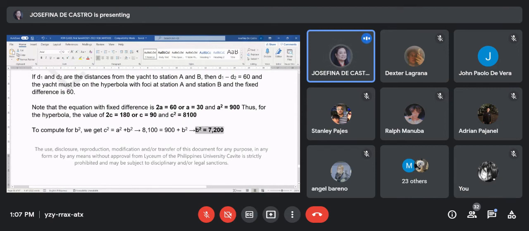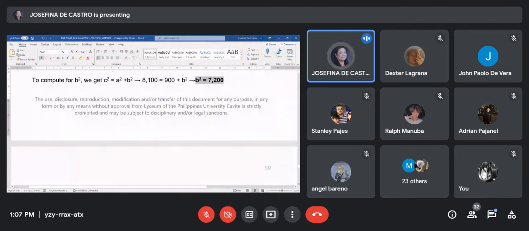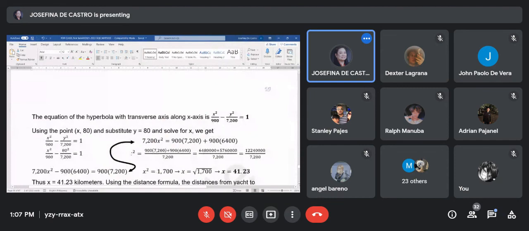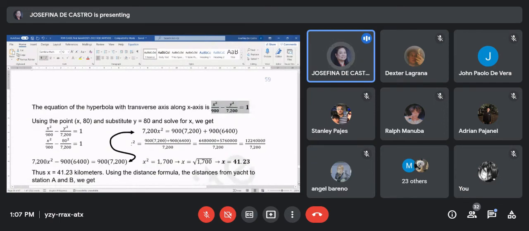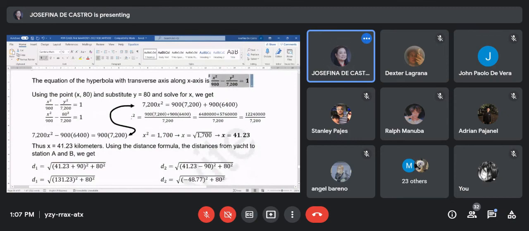Therefore, lumalabas si B squared ay 7,200. Ma-minus mo yung dalawa. Therefore, the equation of the hyperbola representing the situation is x squared over 900 minus y squared over 7,200 is equal to 1.